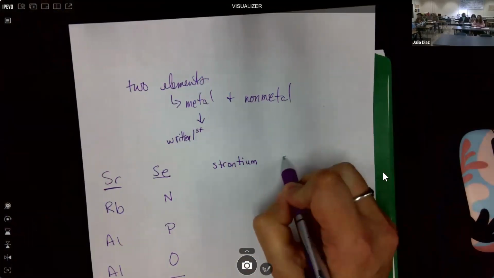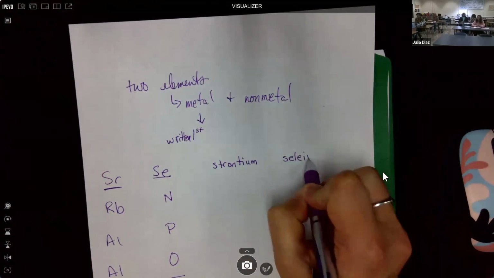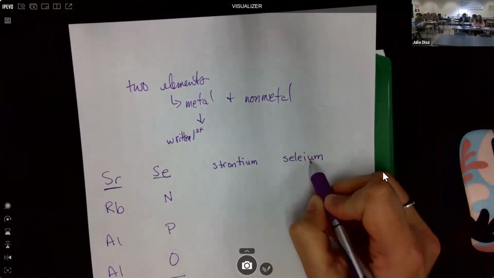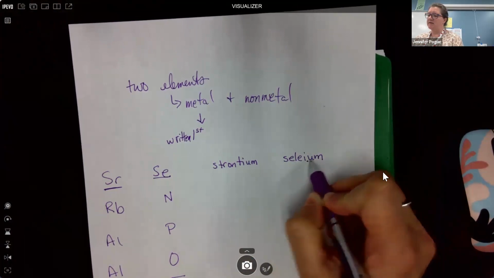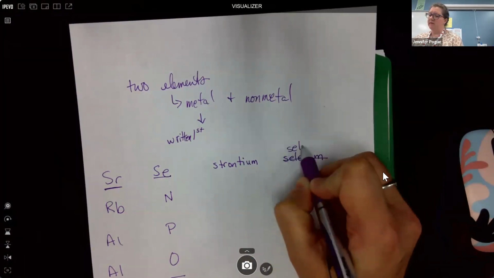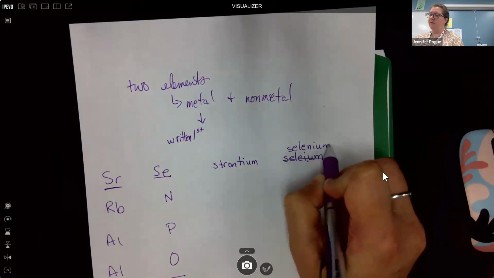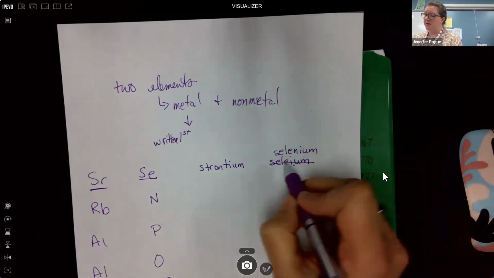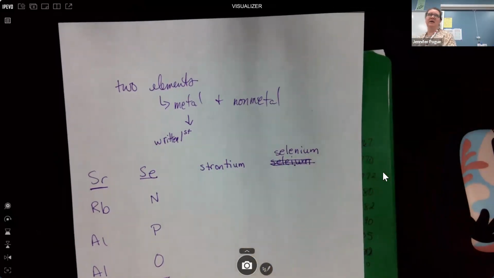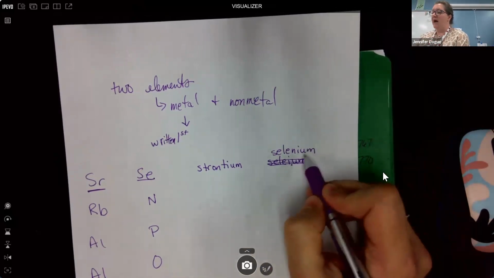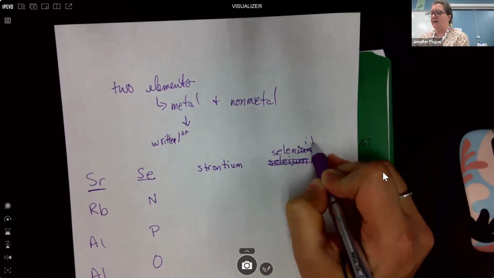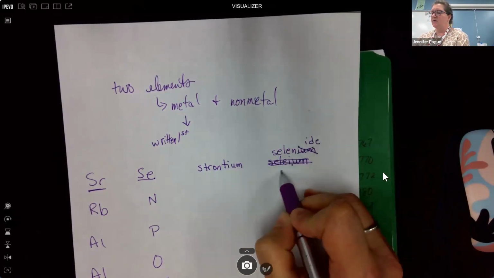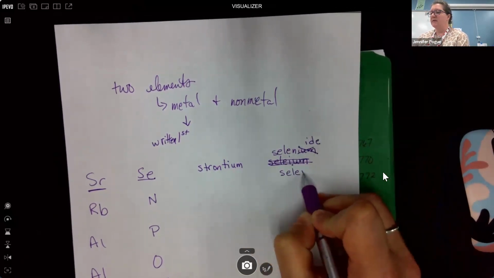Selenium? Spelling is hard. Words are hard. There's a reason I'm not an English person. All right. I take off the ending and I add IDE. So this would be strontium selenide.